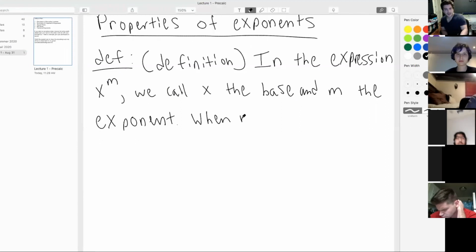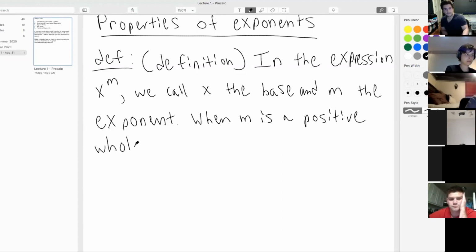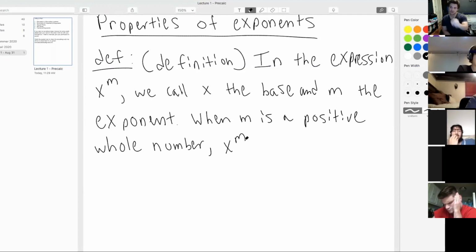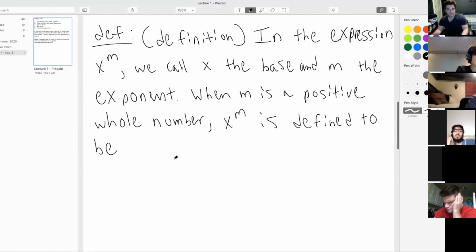And when m is a positive whole number, this thing we have written here, x superscript m, this is defined to be, okay, well, it's what you think it is.